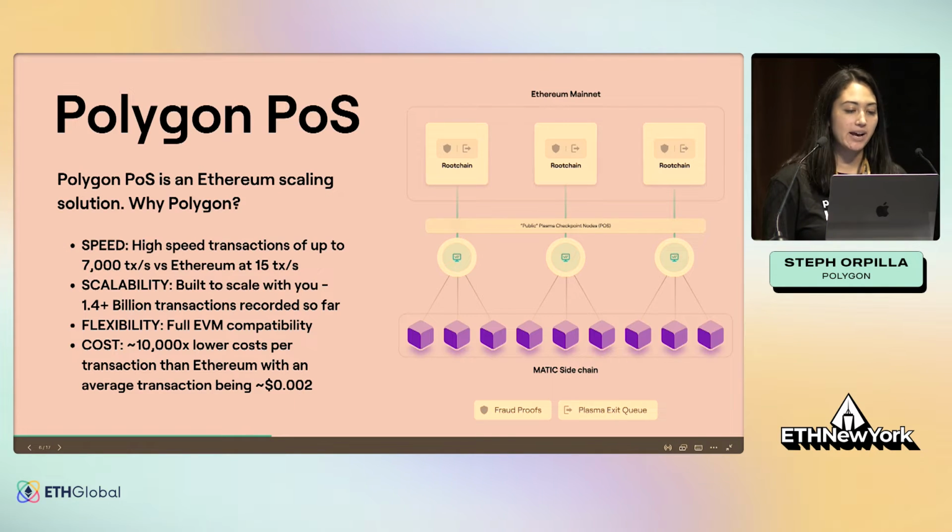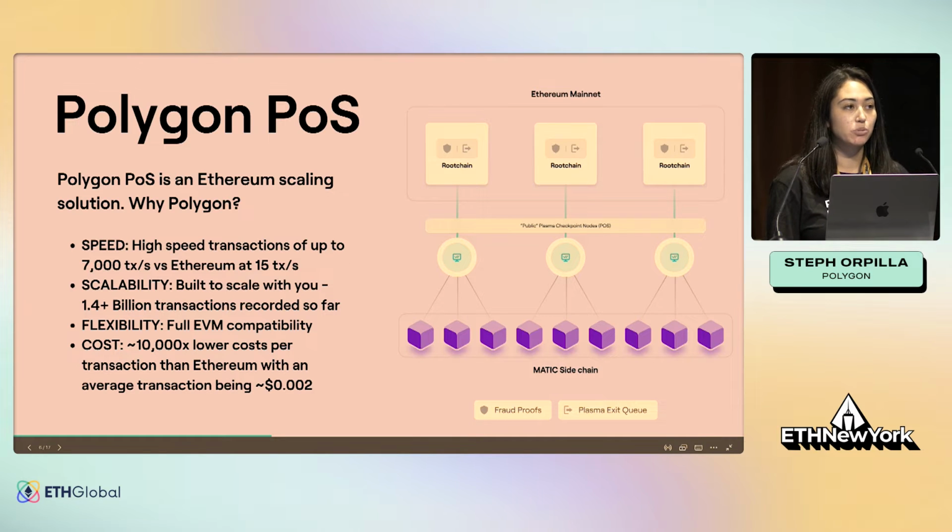But Polygon POS, which is proof of stake, is an Ethereum scaling solution. And some of the reasons why I've always loved developing on Polygon is because Polygon is really fast, so the transaction speeds go through super fast, 7,000 transactions a second versus Ethereum at 15. It's also very scalable, so it's built to scale with you.